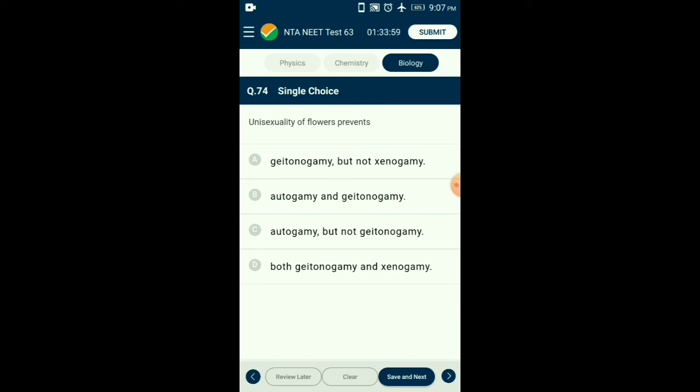Both xenogamy and geitonogamy involve transfer of pollen from anther to stigma, from one flower to another flower, either of the same or genetically similar plant. Autogamy or self-pollination: here, transfer of pollen from anther to stigma of the same flower occurs in bisexual flowers. So the answer is option C. Autogamy but not geitonogamy.